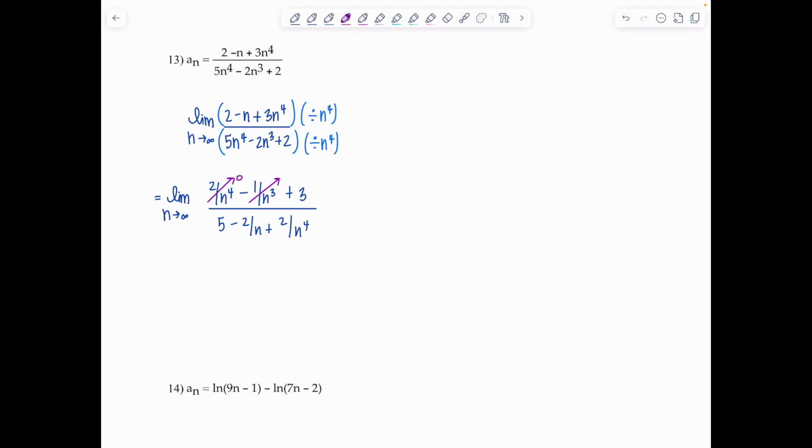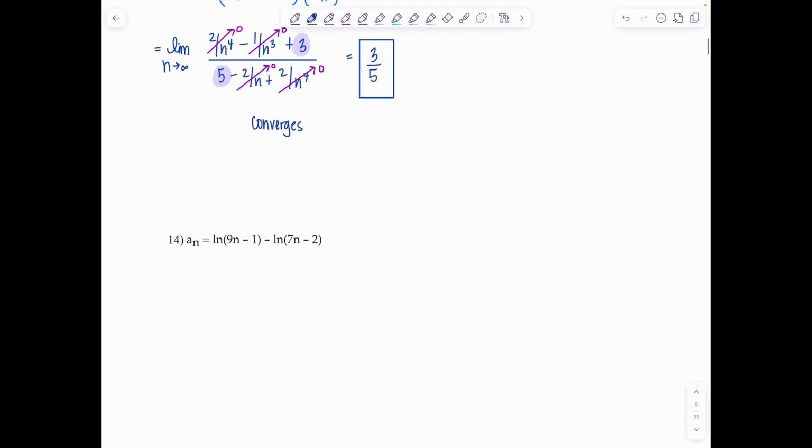So does 2 over n, so does 2 over n to the fourth. And then all I'm left with is 3 over 5, yeah? So what do I care about 3 over 5? That's my limit. It exists as a finite number. So this sequence converges. Cool.